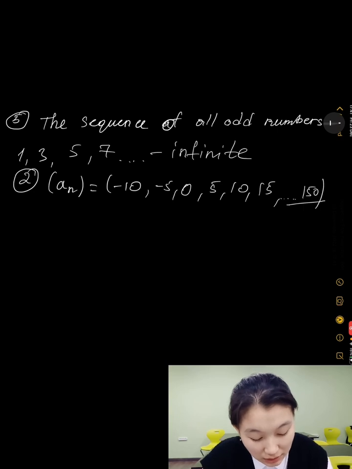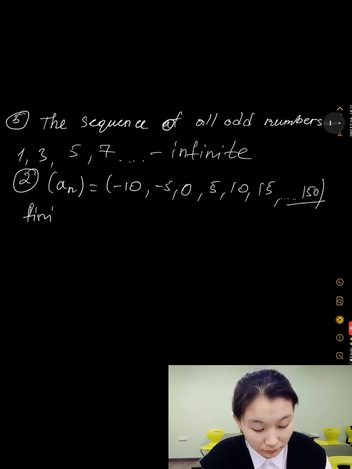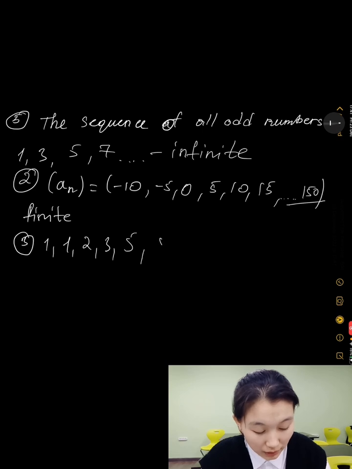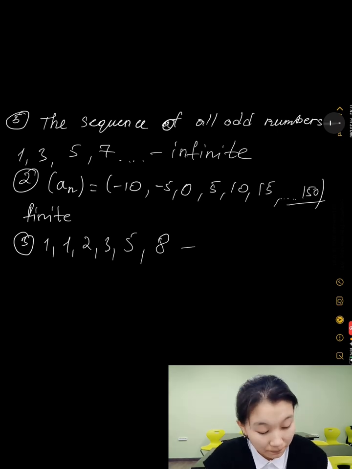So this is finite. Third is 1, 1, 2, 3, 5, 8, and so on. Is this finite or infinite? The sequence is infinite, as the notation shows that there are infinitely many numbers. This is infinite.